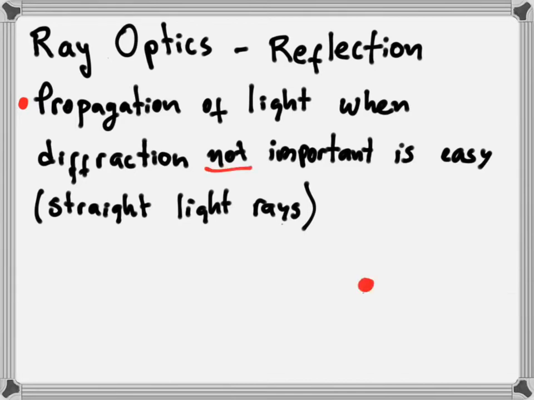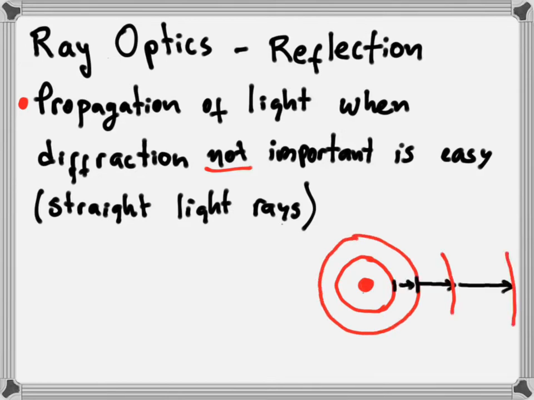So if you have a small source of light at some location, like a light bulb or something like that, we can think of the light waves propagating outwards. And if we follow a small section of a wavefront, we notice that it is going to propagate in a straight line, as indicated by these arrows.